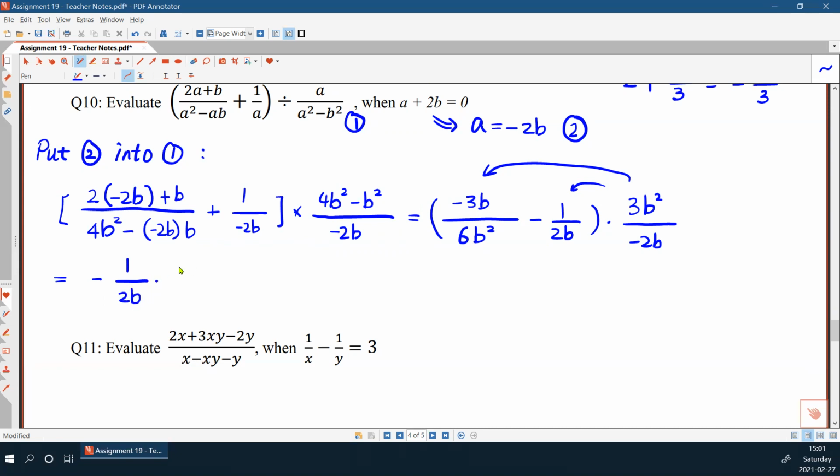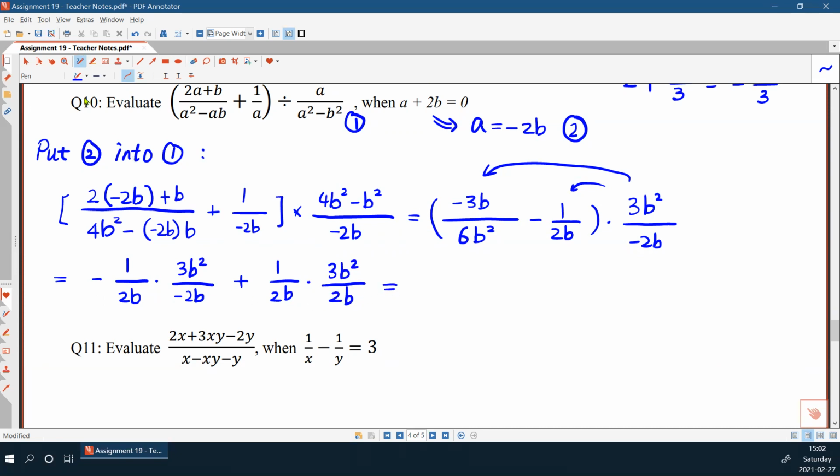So this value times 3b squared over minus 2b. Okay, and then plus, right? Because you have a negative sign, this gives you a plus sign. Okay, 1 over 2b times 3b squared over 2b, right?